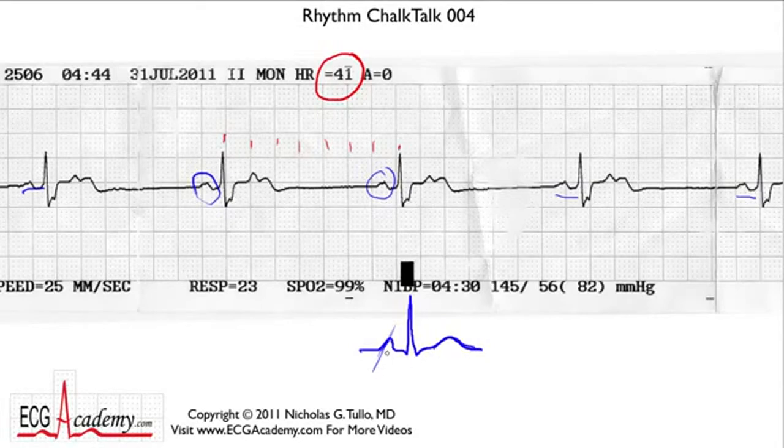P waves look a little more spiky because, in technical terms, the frequency content includes a lot of higher frequency components, whereas T waves tend to be lower frequency electrical signals with slower rates of change of voltage, so they're more smooth and gradually changing in voltage. All right, so that's a clue.